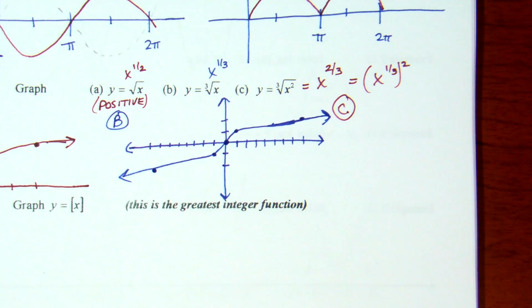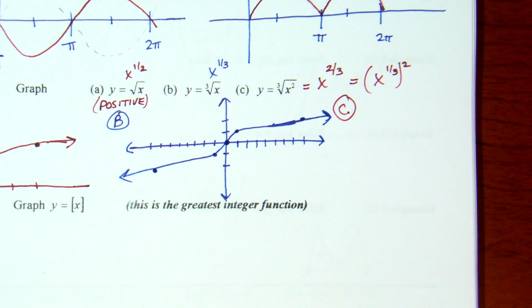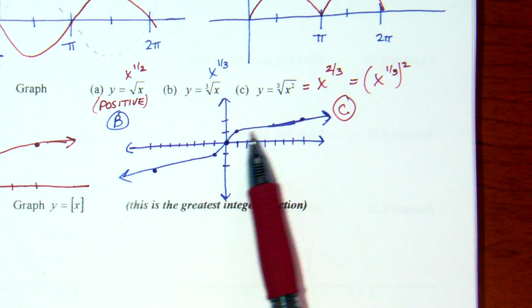So what happens, we know what x to the 1/3 looks like, right? X to the 1/3 is this fun thing. What happens when you square x values? The big thing that happens when you square something is that positives stay positive, but negatives become positive as well. What's going to happen is the positive part of B is going to stay as is.